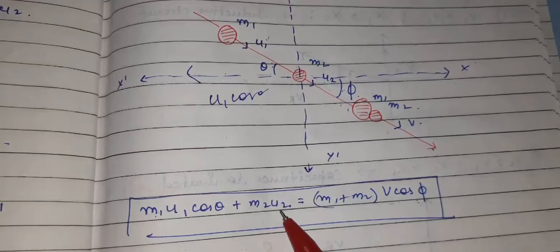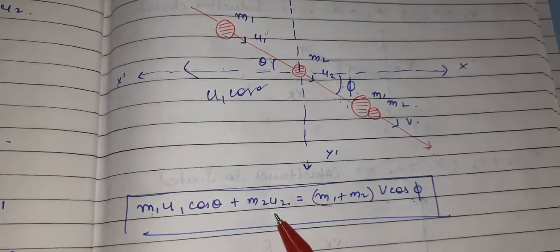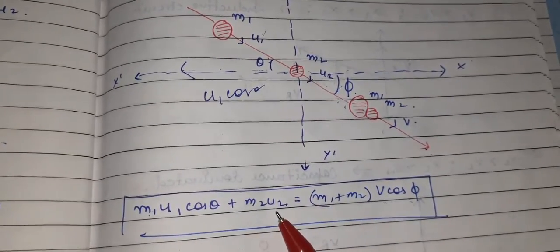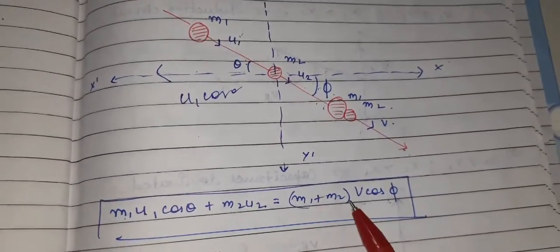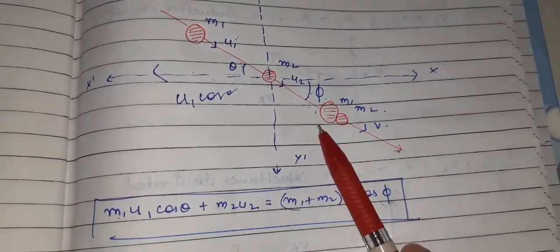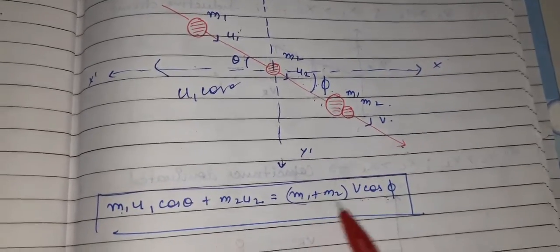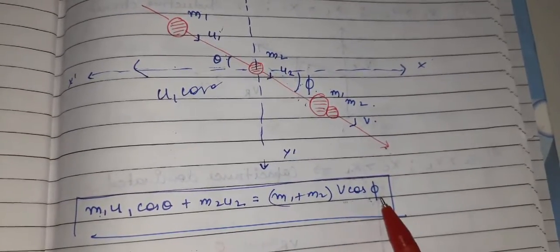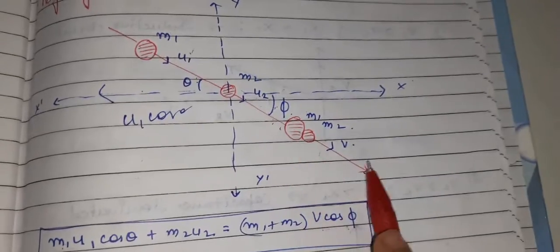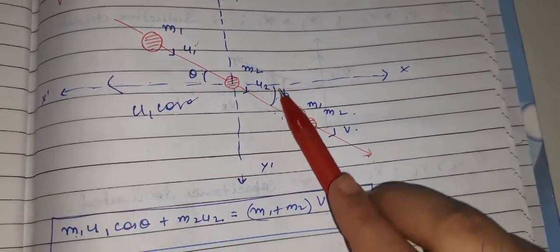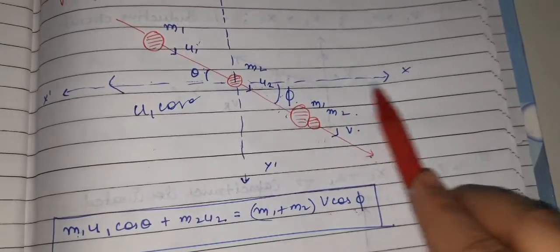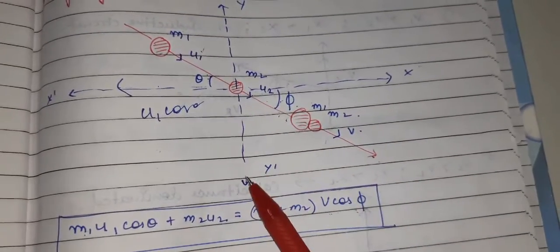Plus m2 u2, because it was at the origin, so we are not resolving the u2 velocity into other components, is equal to m1 plus m2, because this has become a total mass, we combined both the masses, times v cos phi. Why v cos phi? Because the combined body started moving with velocity v making a phi angle, so this becomes the v cos phi component and this becomes the v sin phi component.